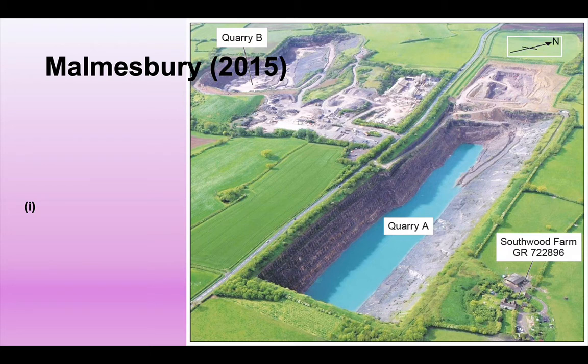Here we've got aerial photos of these two quarries that are shown on the map, and we can see the shape of these quarries, the differences between them, and also potentially some of the issues that are there.